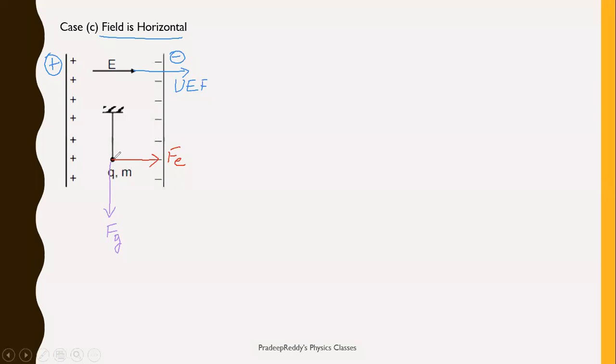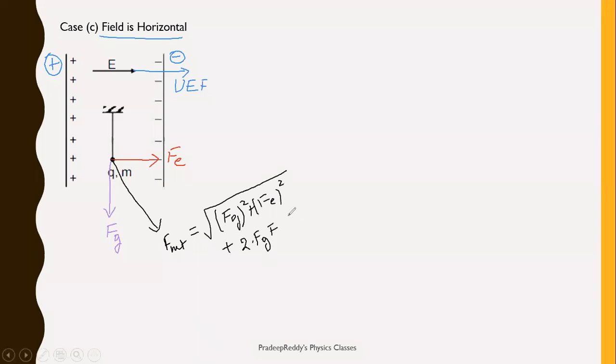This is F net, which is equal to under root Fg whole square plus Fe whole square plus 2 times Fg Fe into cos 90. However, cos 90 is equal to 0. Therefore, net force acting will be equal to under root Fg whole square plus Fe whole square, right?